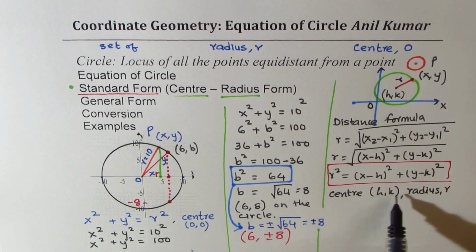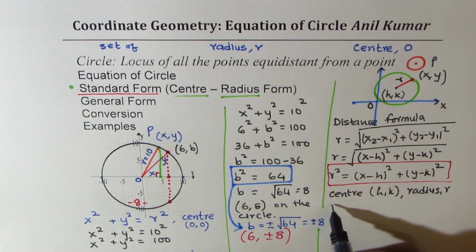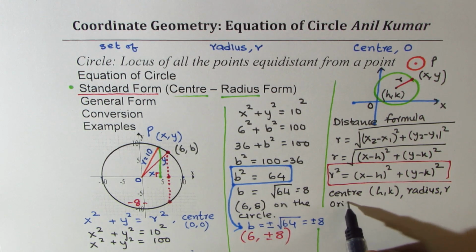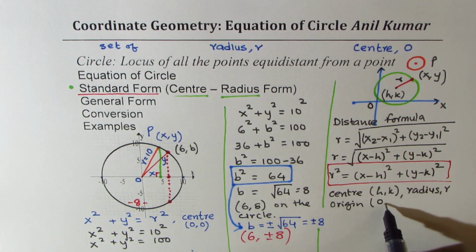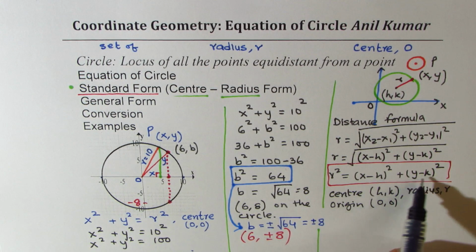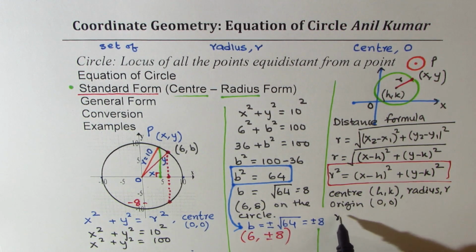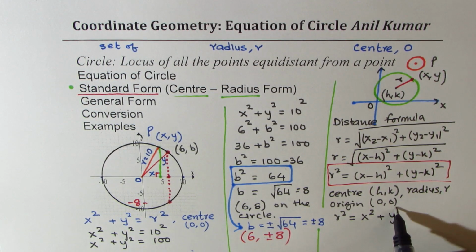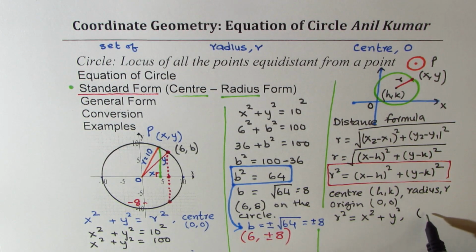Now what happens when h and k are 0, 0? If the center is the origin, in that case this is 0, 0. So if I write 0, 0 here, I get r square equals x square plus y square for 0, 0 being the center. Is that okay? So we get our original equation.